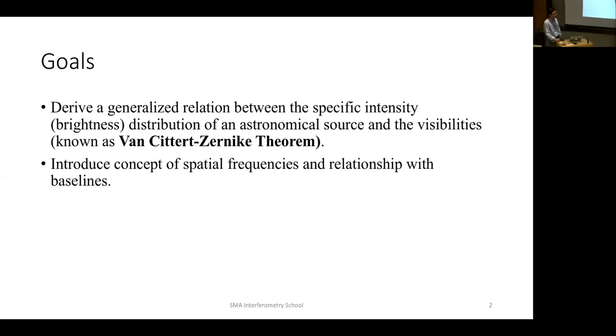This is also known as the Van Cittert-Zernike theorem. There is some math that we'll go through here. In the second part of my lecture, we'll introduce and reinforce some of the concepts of spatial frequencies and how they relate to baselines.